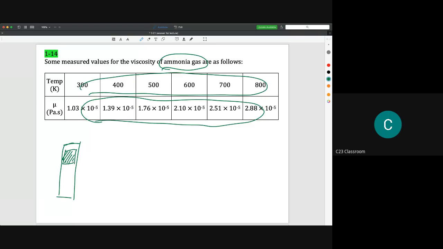Normally it is a cylinder, and we make it horizontal like this, and we measure the time of the object falling down here. Then we use the time to estimate the viscosity.